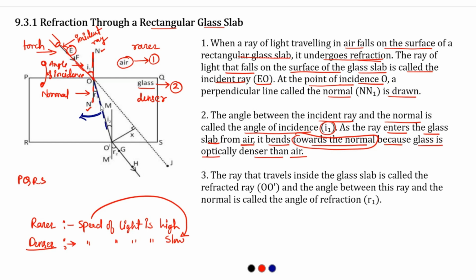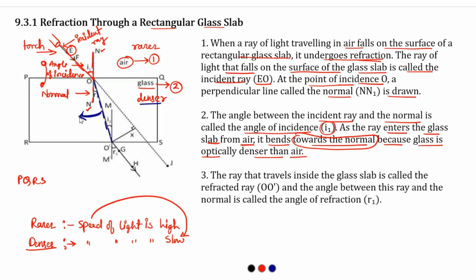It will cover less distance like this, and it bends towards the normal. So this is the reason you have to remember. Here it is covering more distance in the air because it is a rarer medium. But when the light enters a glass slab, because of the denser medium, the speed of the light becomes less and it covers less distance.